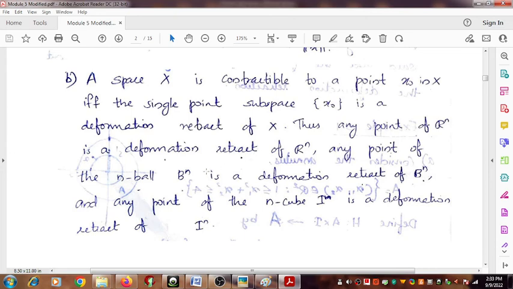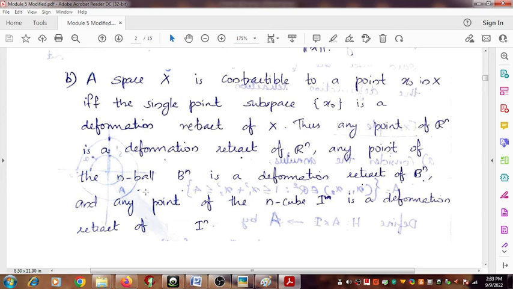Now we can consider a special case of this situation, that is we can take a subspace of Rn, that is Bn, the n ball, the n-dimensional ball. So the n-dimensional ball can be deformed to any point which is present in that n ball.